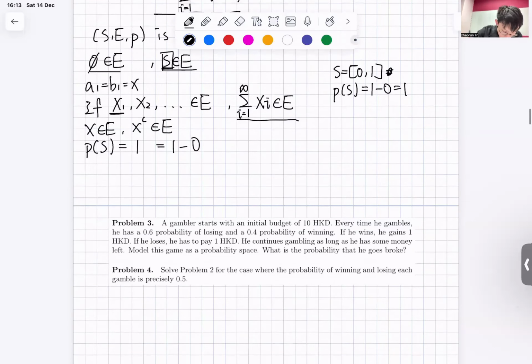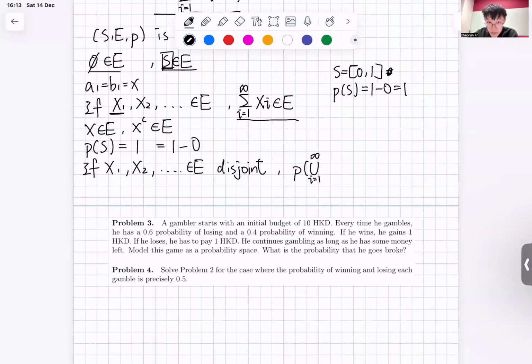And the last one is, if x1, x2 such events are disjoint, then the probability of their union equals the sum of the probability of each event.